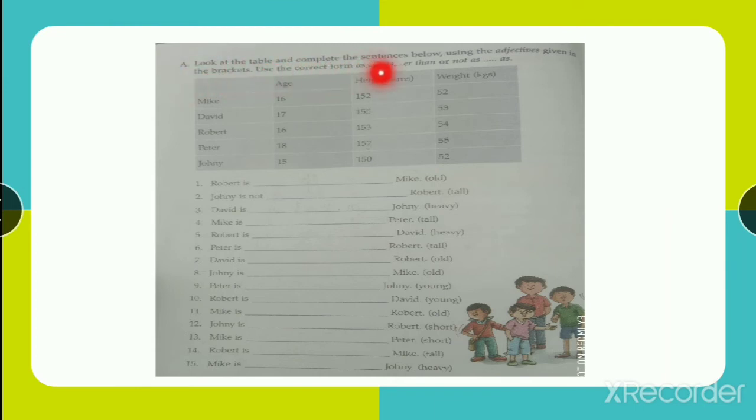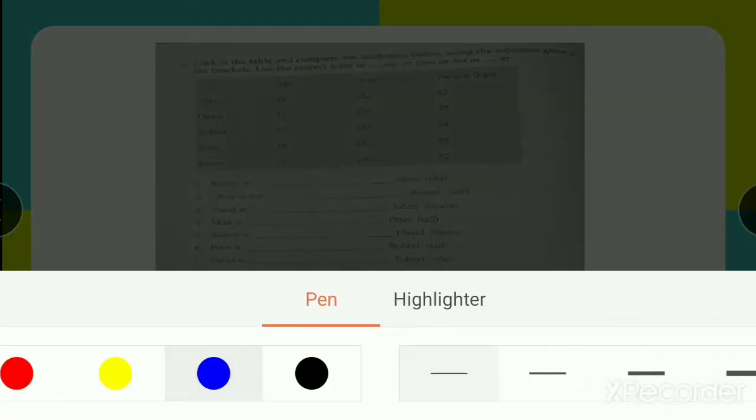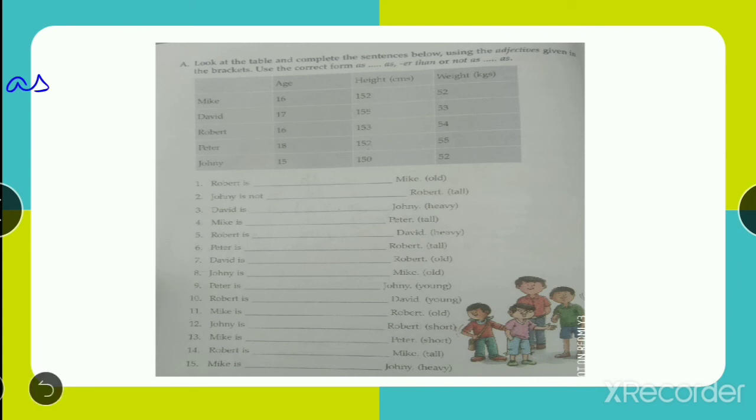Look at the table and complete the sentences below using the adjectives given in the bracket. Use the correct form: as dash as, er than, or not as dash as. Now what is the meaning of not as dash as? I have explained one thing: when we use as dash as, it means both are the same. If we put not before it, it means not the same, there is some difference between the two.